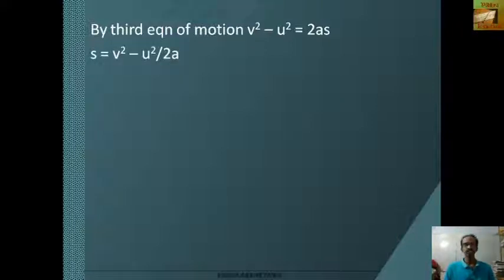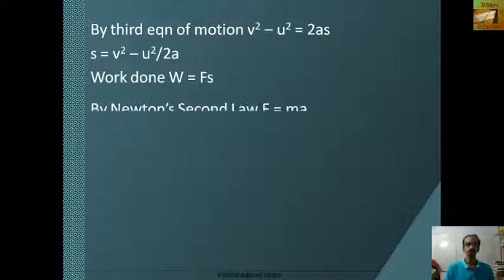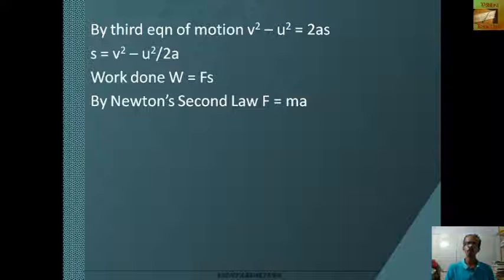On rearranging, we get s is equal to v square minus u square, the whole divided by 2a. Now work done is given by the formula W is equal to force into displacement. Now by Newton's second law, we have force is equal to mass into acceleration.